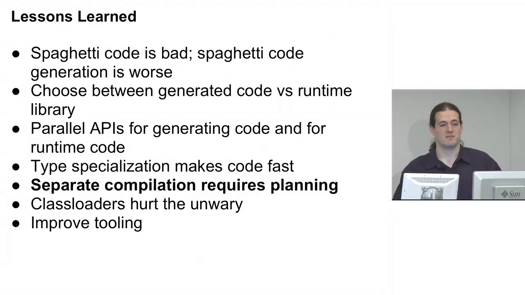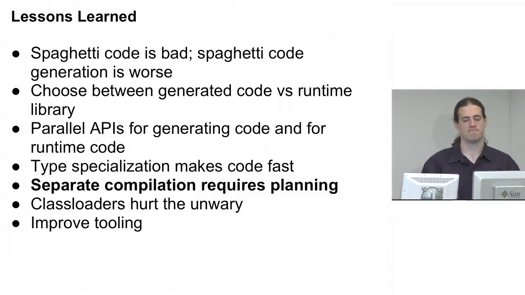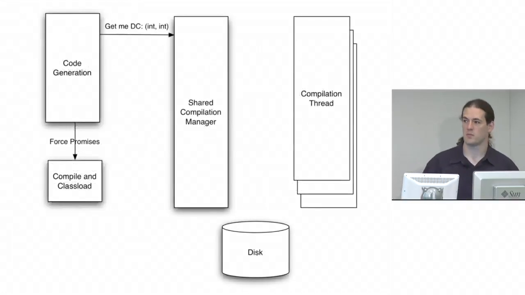Separate compilation. Man, I wish we had thought of this in the very beginning, because retrofitting separate compilation is something that takes time. We've taken an approach of getting it in along with some of the other features we wanted, like shared compilation.